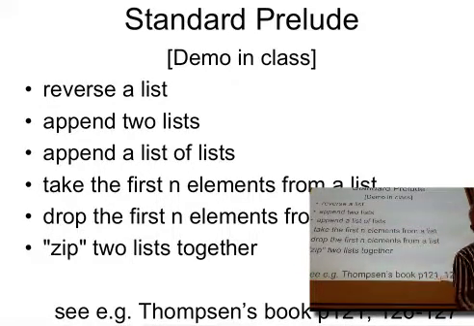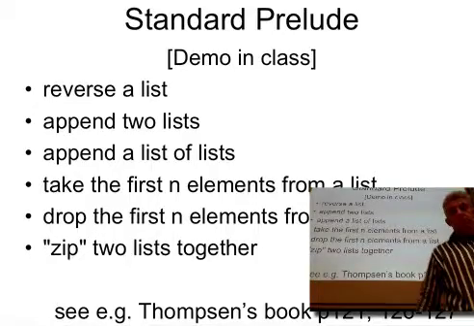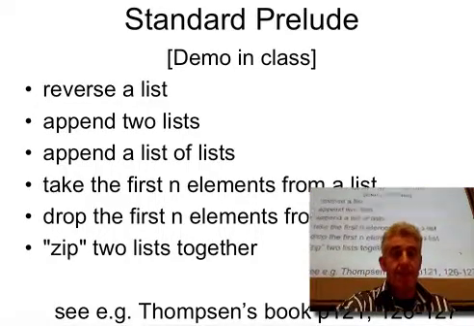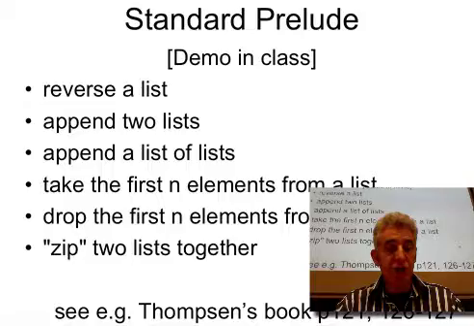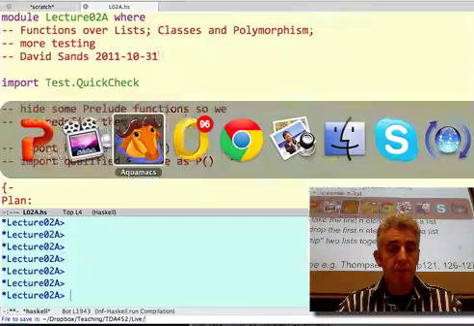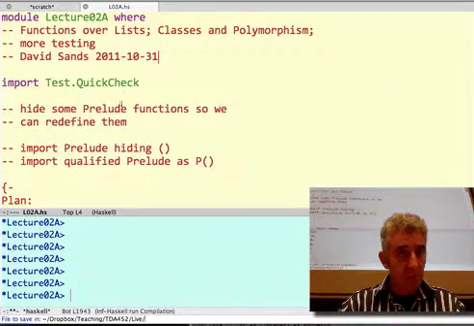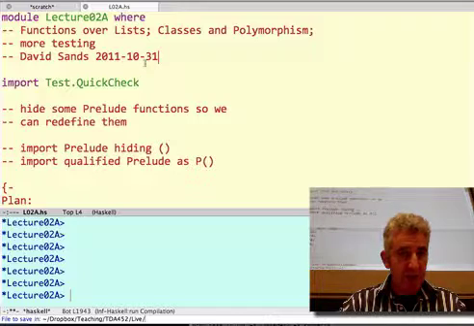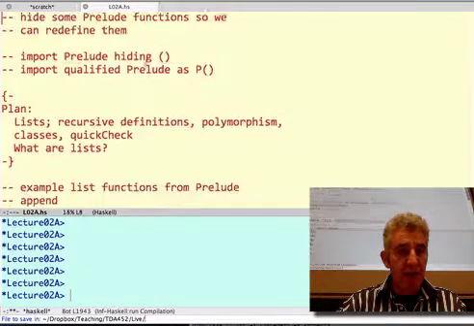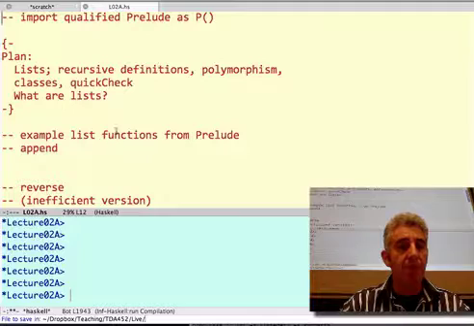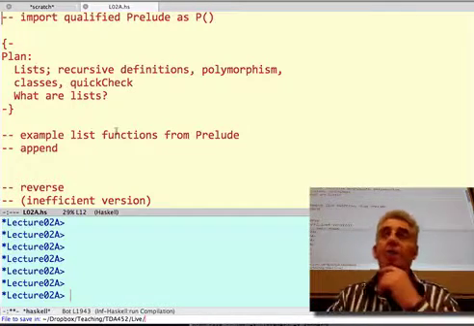So without further ado, I will switch over to the editor, and there's my rough plan of what I want to do. So what I want to do then is to look at some typical examples of functions defined in the prelude.